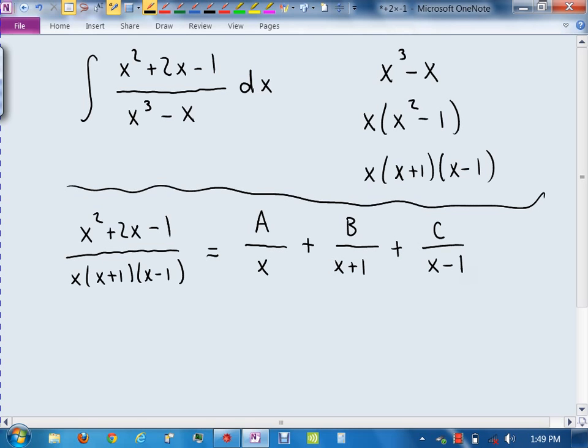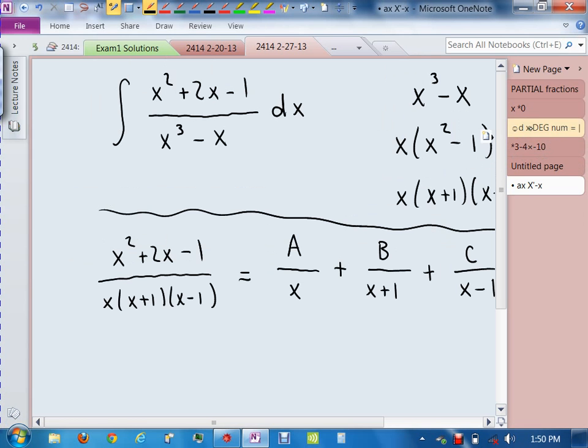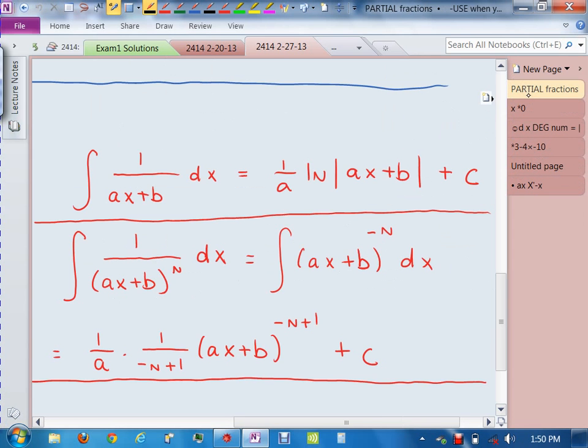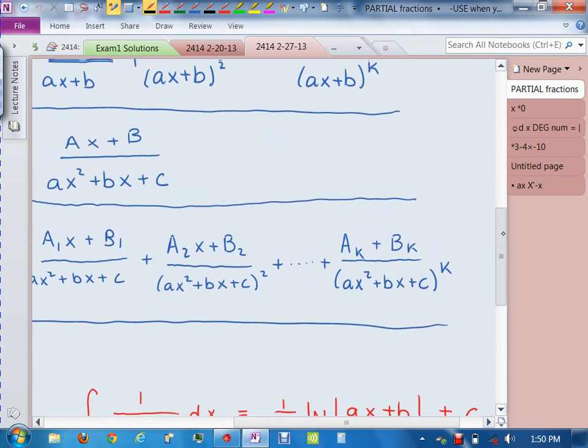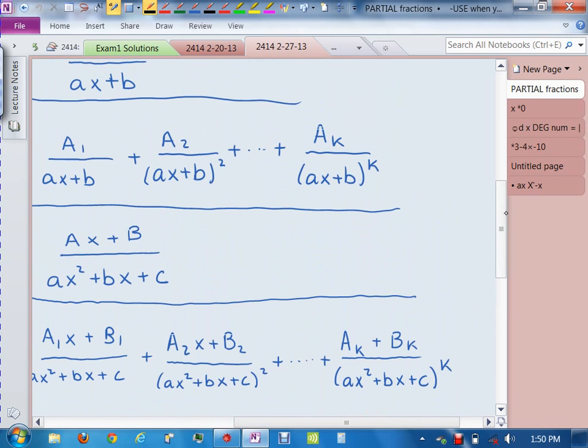Let's hope that we don't have 25 linear factors, right? Because we'll run out of letters, won't we? We're already using x. We could use A, B, C, D, E, F. You're never going to have that many, but if you look at a book, and even my notes, what I did earlier, look, where is that thing? Do you see how in this note up here I put like A1, A2, A3?